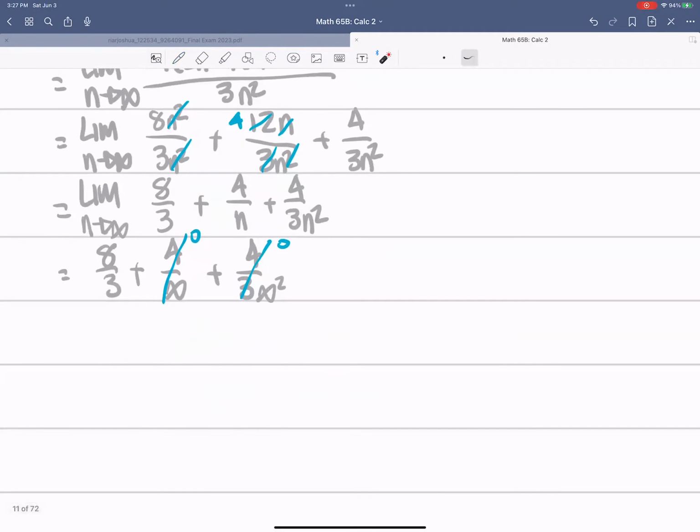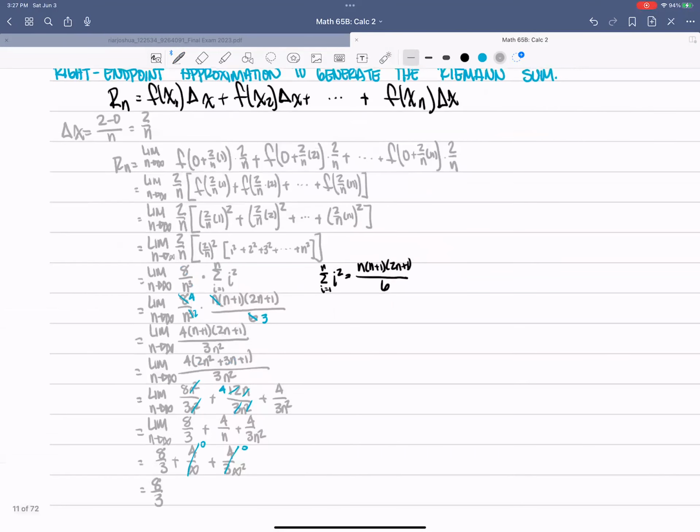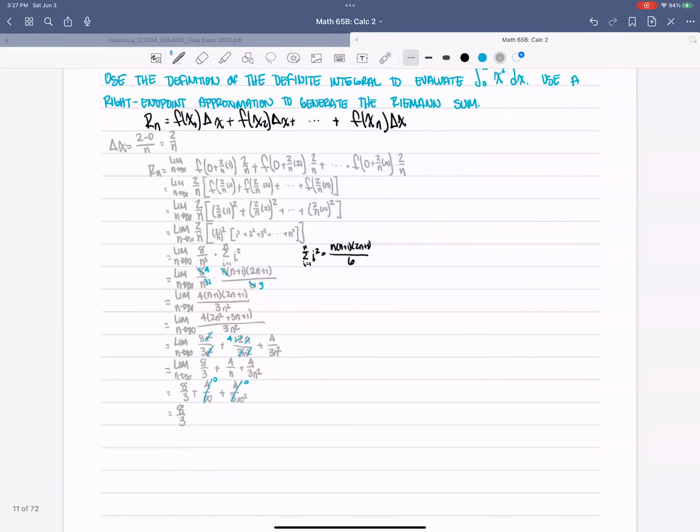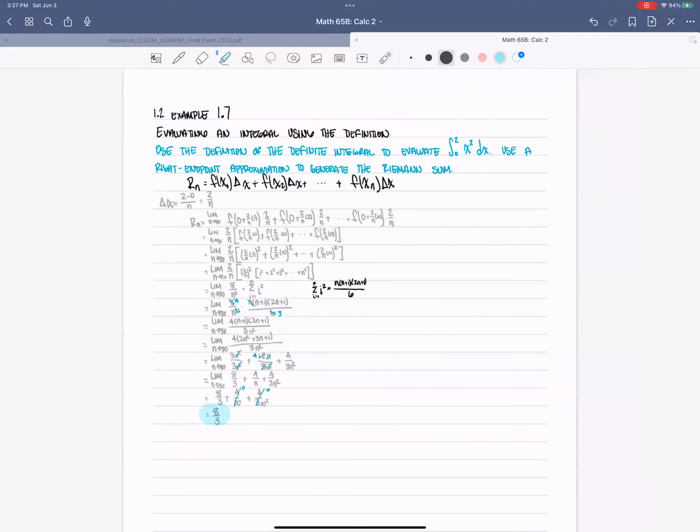A larger denominator is not going to be a value. Right. So we're left with just 8 over 3. Perfect. And there we go.